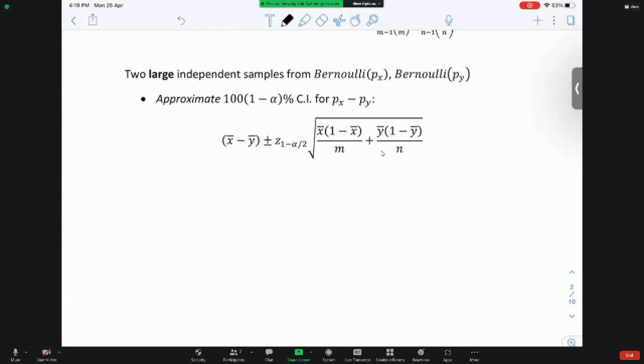We take the difference of them, plus minus a normal constant, multiplied by the standard error of this difference, which is obtained by this formula, where m and n are the sample sizes of these two samples. So this is the basic formula to tackle this kind of problem of constructing confidence intervals under different scenarios. It is just a summary of what you've learned from the lecture so far about confidence intervals. Okay?